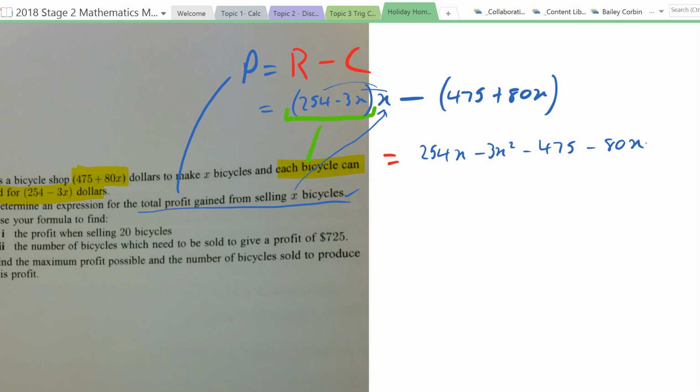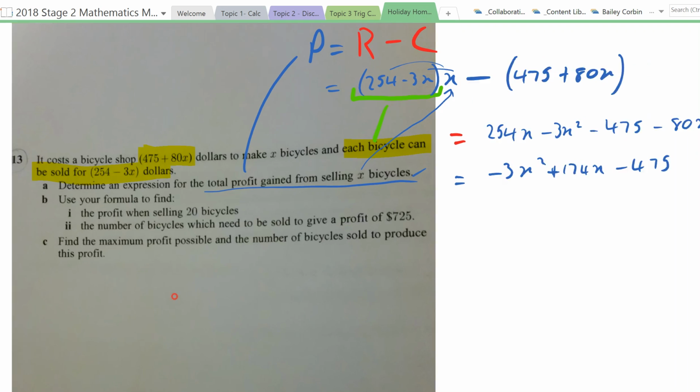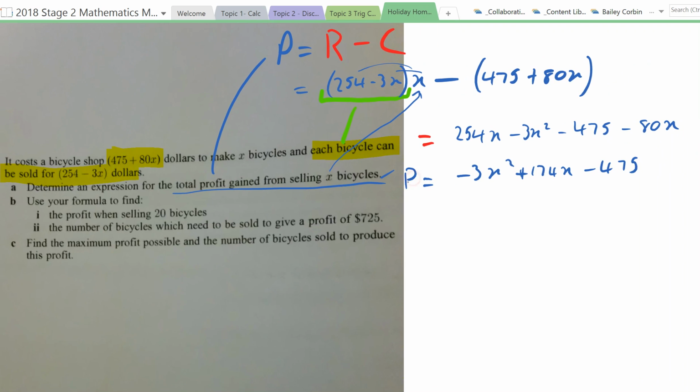The only thing we need to do now is collect like terms. 254 take 80 is 174, so minus 3x squared plus 174x minus 475 is an expression for total profit when selling x bikes.